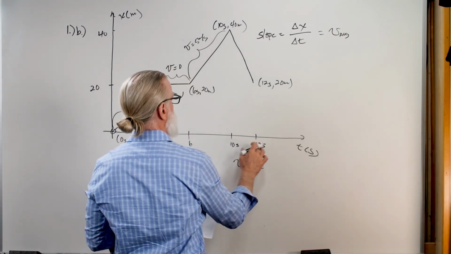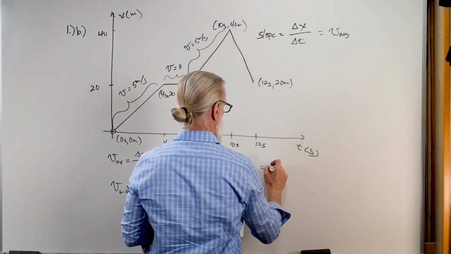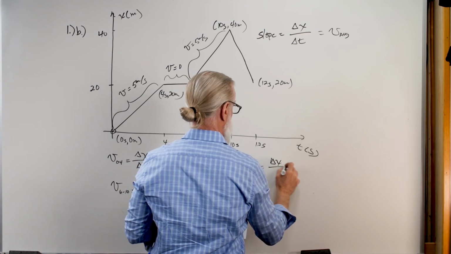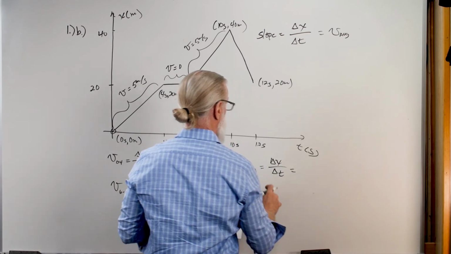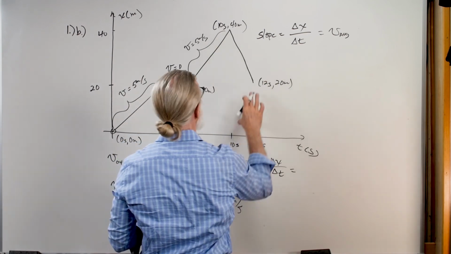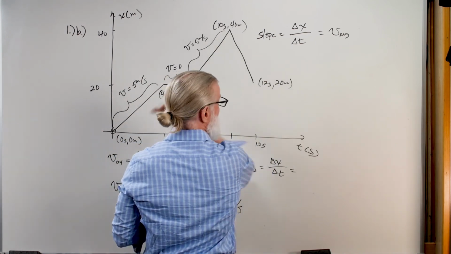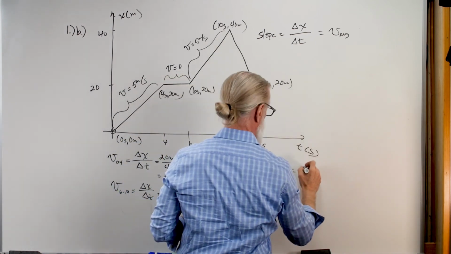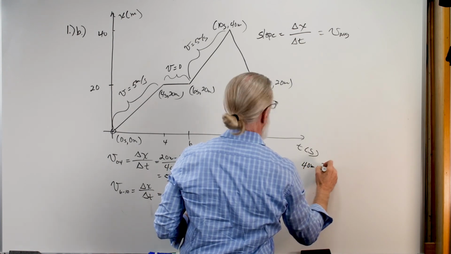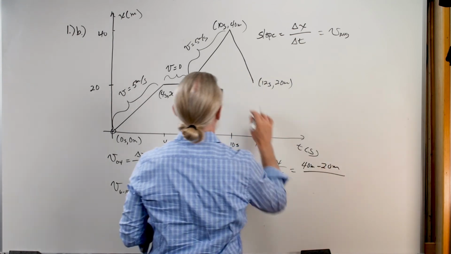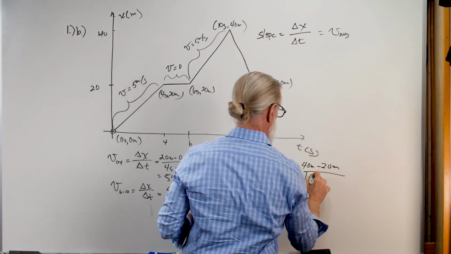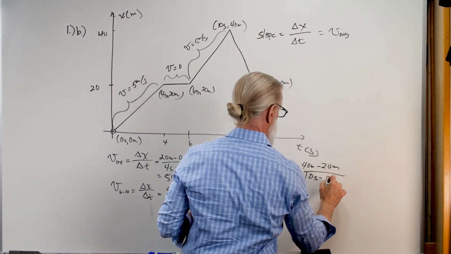From 10 to 12. All right, so again, we have a delta x over delta t, and our delta x in this case is 40 meters minus 20 meters divided by 10 seconds minus 12 seconds.